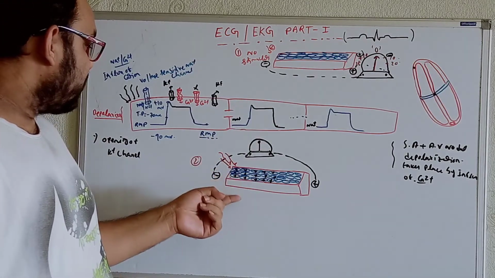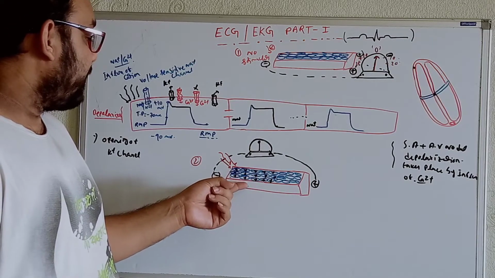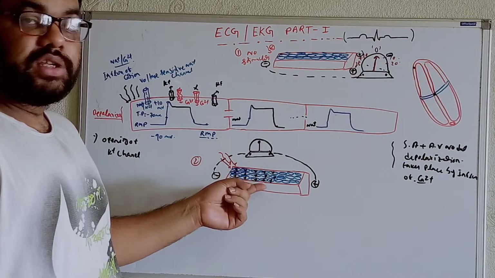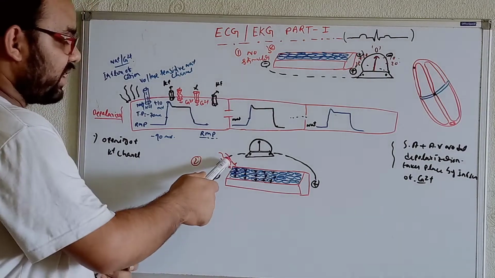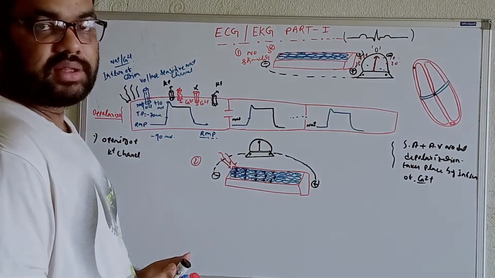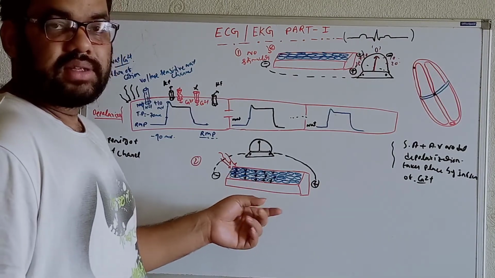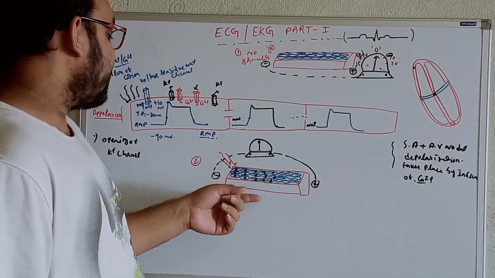So depolarized means we get the movement of positives. Try to understand, whenever we get the influx over here, these cells are converted, we get depolarization within the cells. That means the cells were at first at the resting membrane potential, and right now the resting membrane potential will be neutralized by the influx.